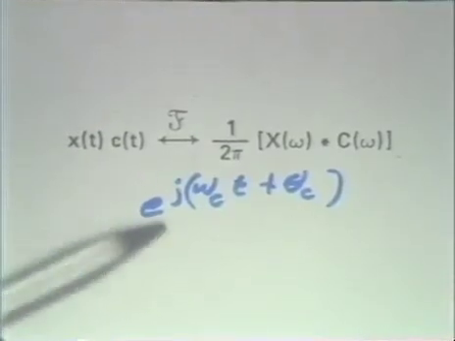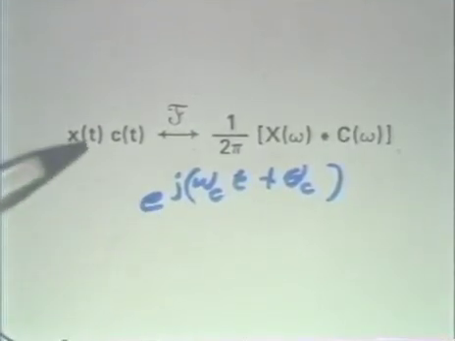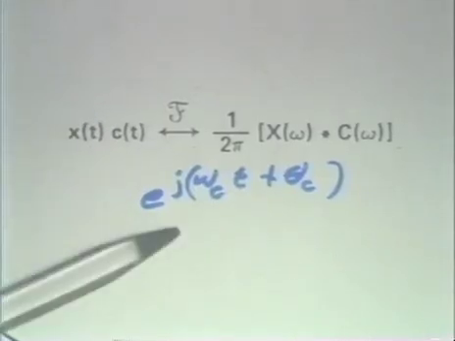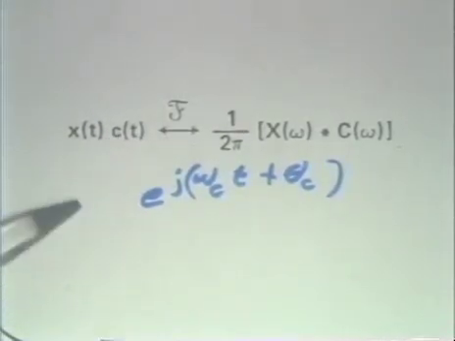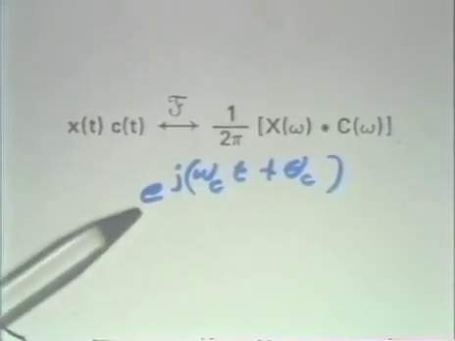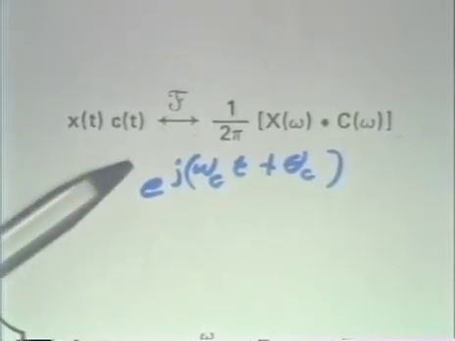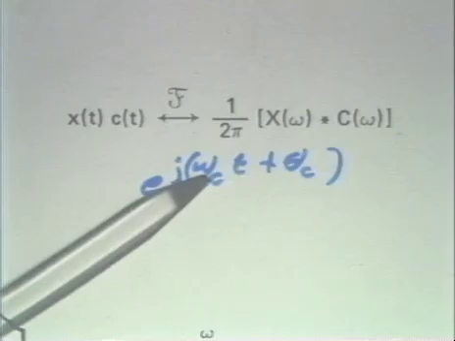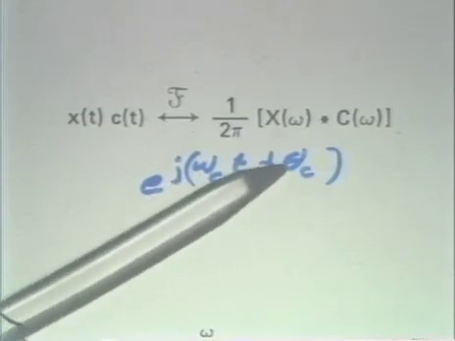And we could consider, for example, just simply dividing the modulator output by this, or equivalently taking the modulated output and multiplying by e to the minus j omega ct plus theta c.